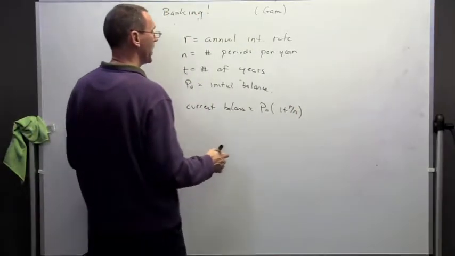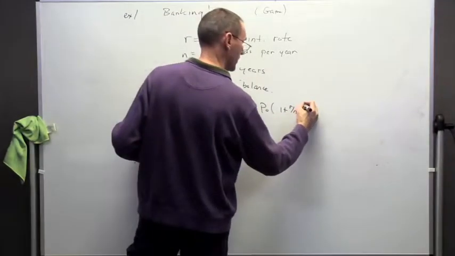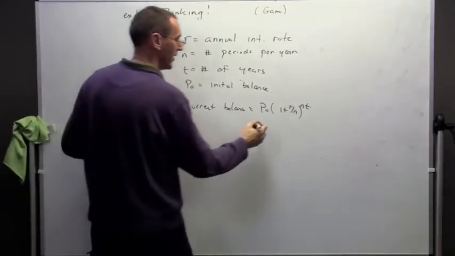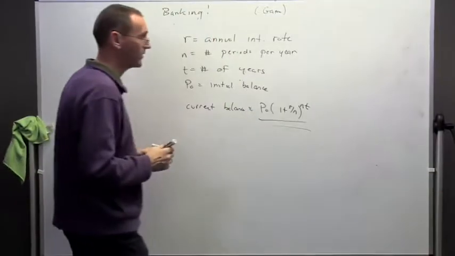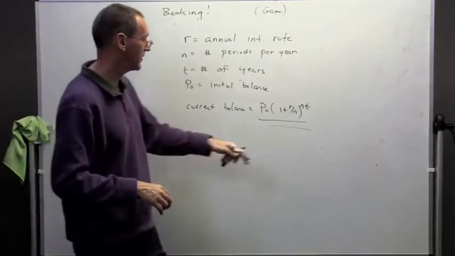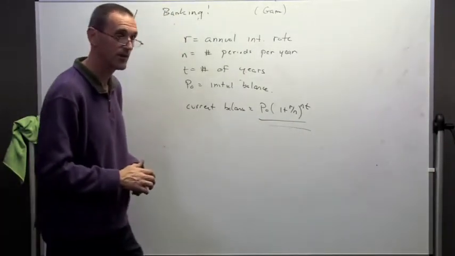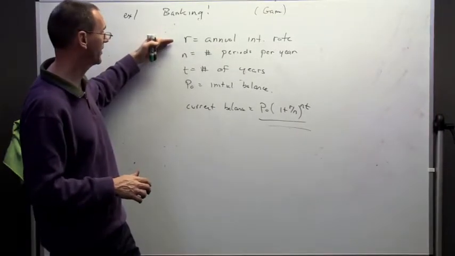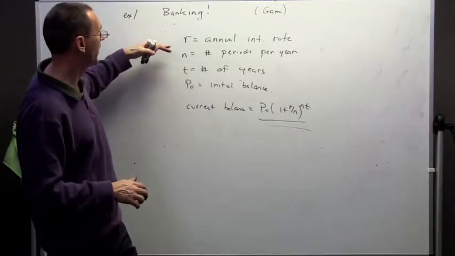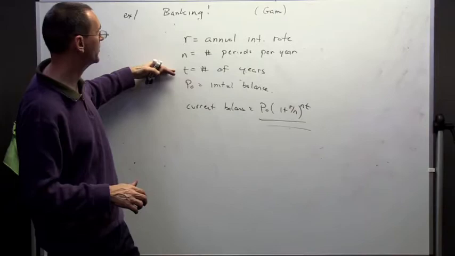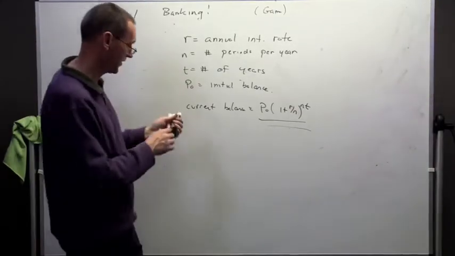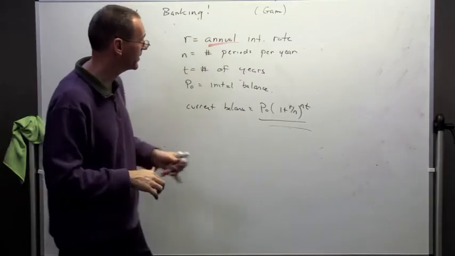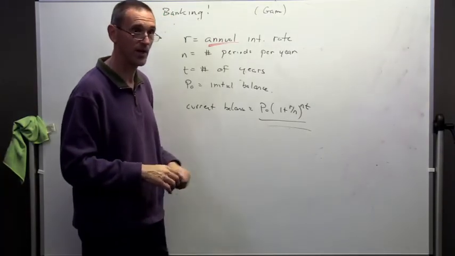Times the number of time periods it gets compounded, which is going to be n times t. And now we have the formula for finding your balance when you compound interest, and you have the number of periods per year, number of years, and something called the annual interest rate. This is the formula your banker is going to use to figure out how much money is in your account.